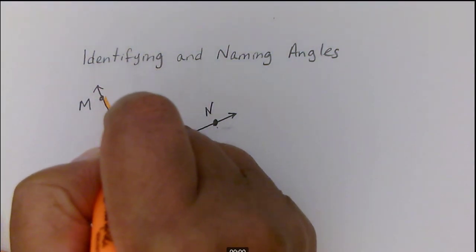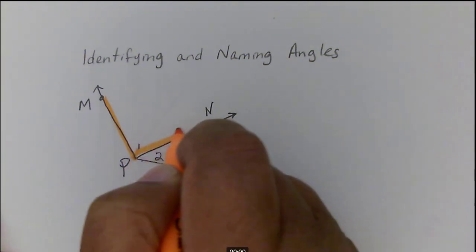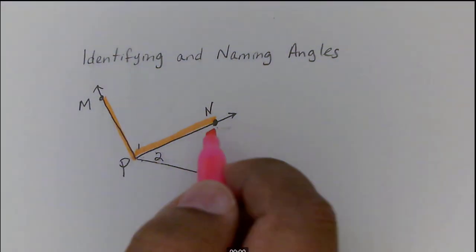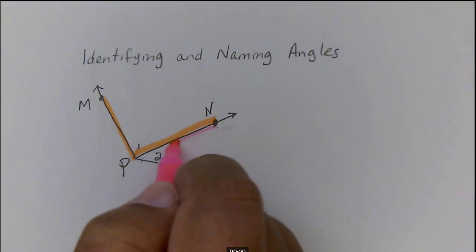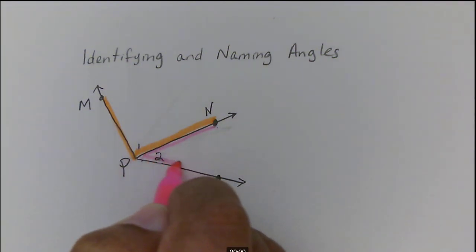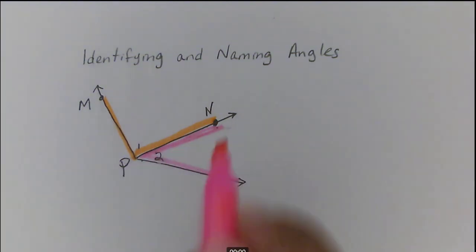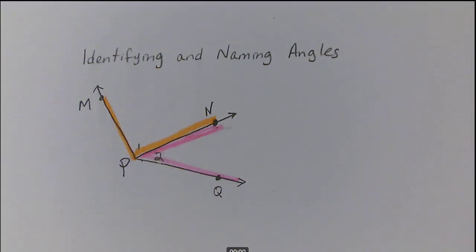I see the angle made here. And I'll get a different color here. I see the angle that is made here. This is a second angle.